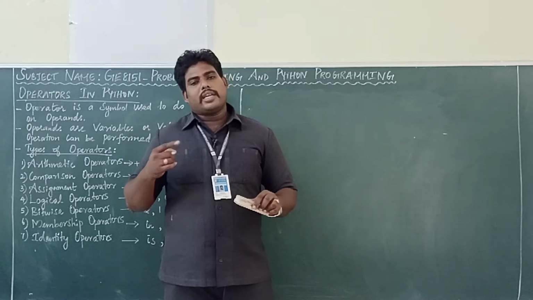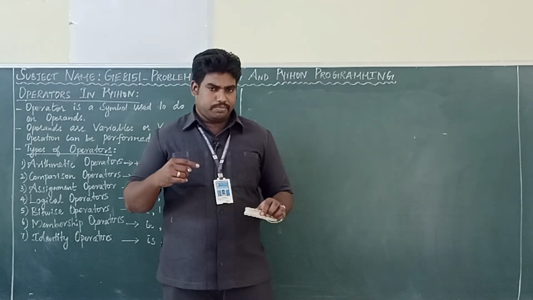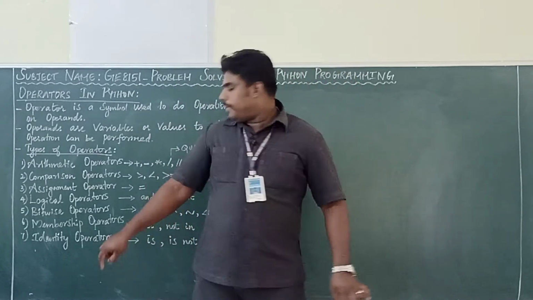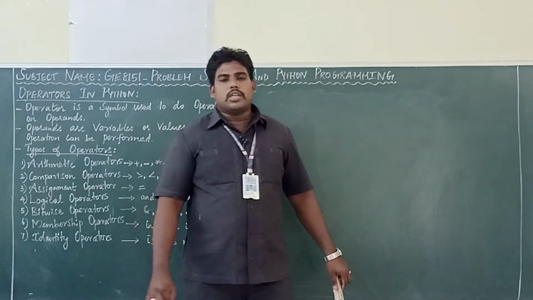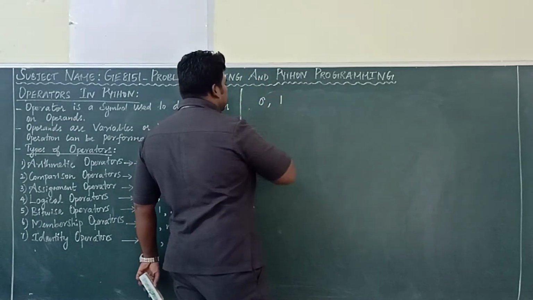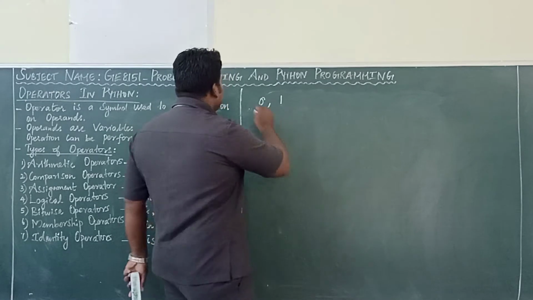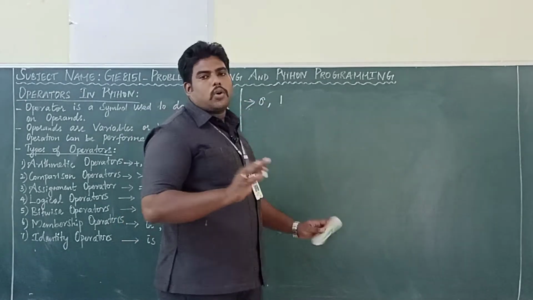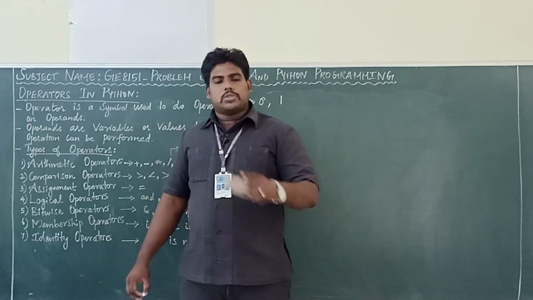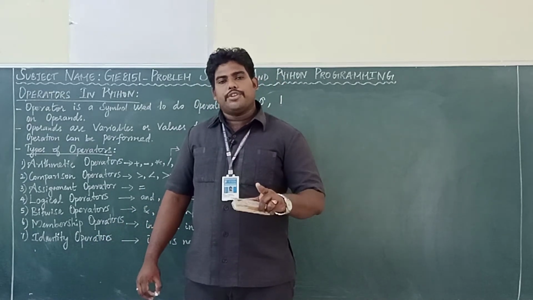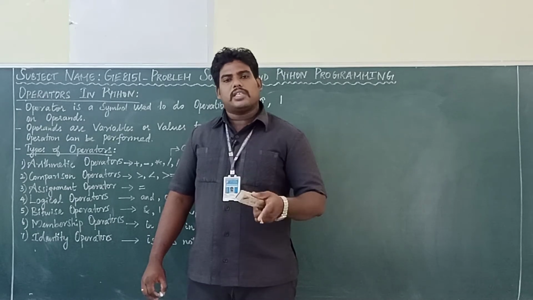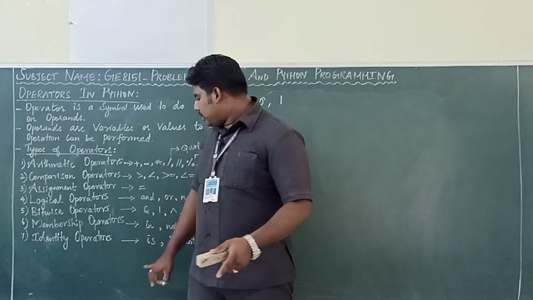Like that it will come. So bitwise operators are used to represent the bits, zeros and ones. Bit means 0s and 1s. So bitwise operators are used to convert the value into bits first, then you can perform their operations.